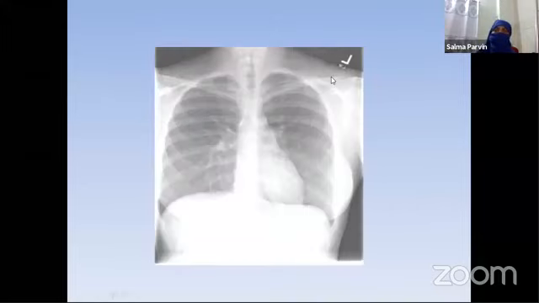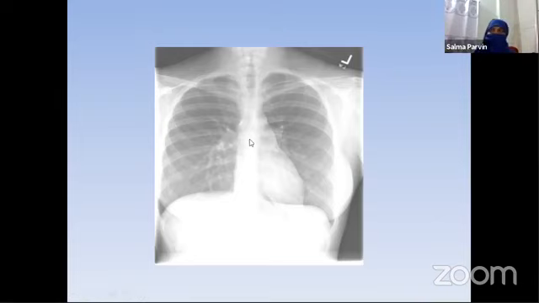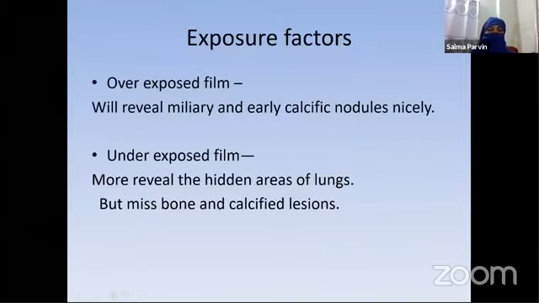And this other one is an underexposed film, whiter than usual. The overexposed film will reveal miliary and early calcific nodules nicely, and the underexposed film reveals hidden areas of the lungs, but misses bone and calcified lesions.